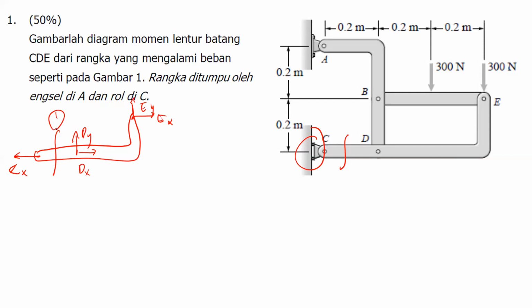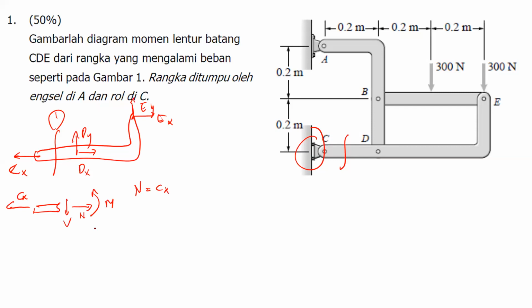Later, what you will have will be just like this. For the first cut, you will have Cx. So you have to still draw everything like this, and V, okay? But later, what you will have there is only N, which is supposed to be equal to Cx, something like that, okay?